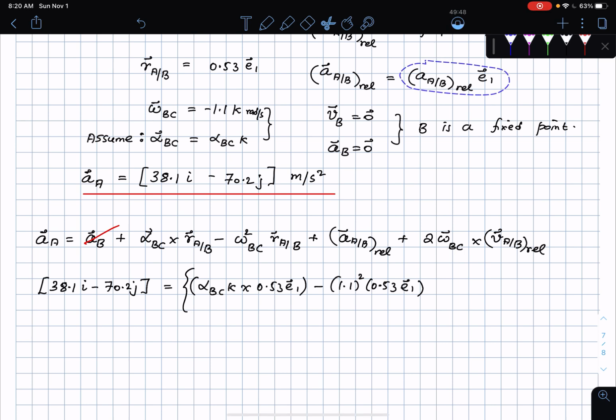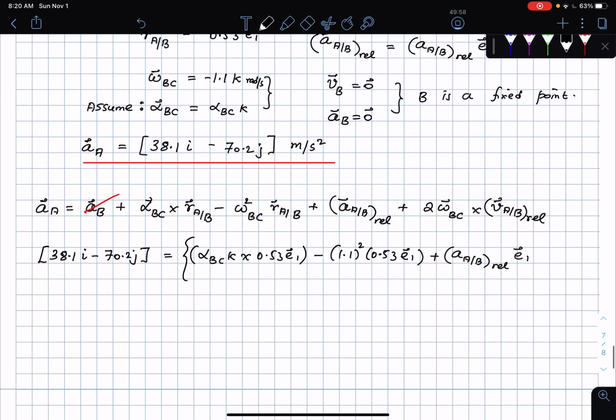I have assumed it to be positive E1. I don't know if it is positive or negative E1, I'm just assuming it this way. And then 2 omega BC, so be careful here. So this is now going to be 2 times minus 1.1 K crossed with 7.7 E1. Okay, that is the last term there.